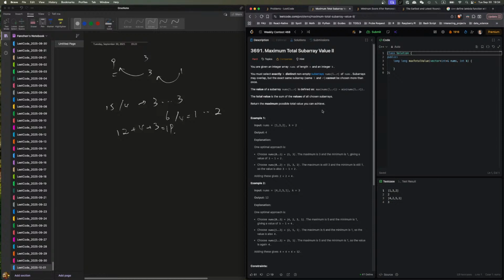So we'll choose k. I think in the other question you can overlap, so it becomes very simple. You just get a max and get a min, and then we're done. But this one says you cannot have the exact same. You can still overlap, but you cannot be exactly the same.